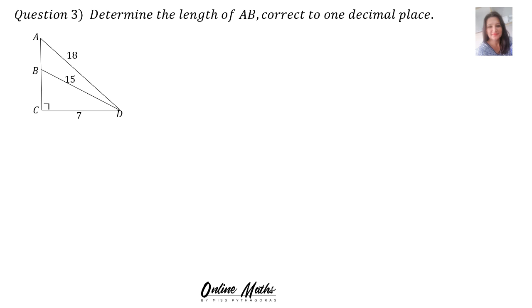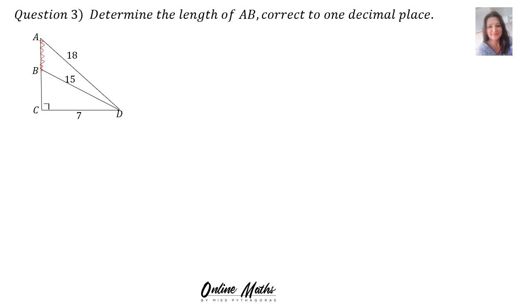Question 3. Determine the length of AB correct to 1 decimal place. Now, when you go to the sketch, can you see that there's this right angle triangle, the big one, ACD, and then there's also another smaller right angle triangle, BCD. So we are looking for the length of AB.